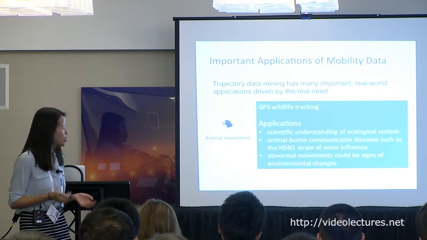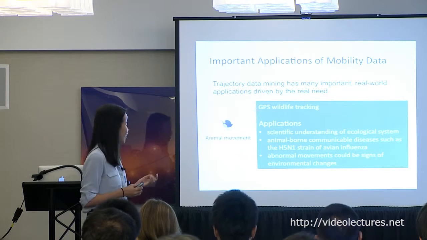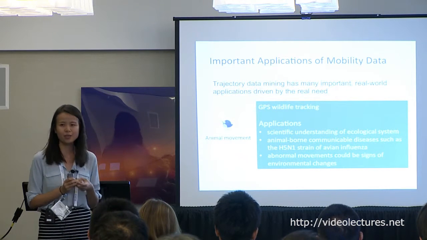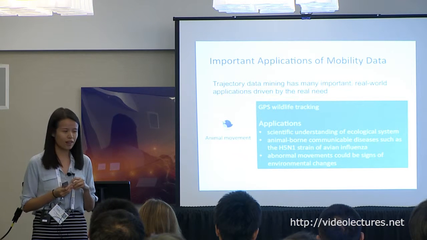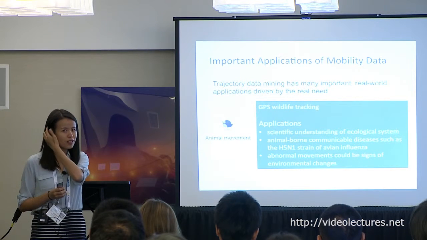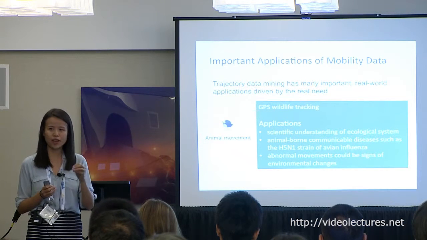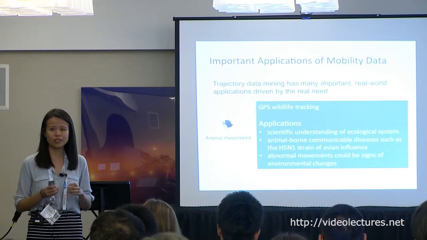Right, so another part, probably a little bit off from the urban part, but I did a lot of work on this when I was a PhD student. I collaborated with the animal scientists, and they have animal movement traces. It's also a very good frontier in the animal science domain. They now put GPS trackers on animals to track how they move. Why do I call this a frontier?